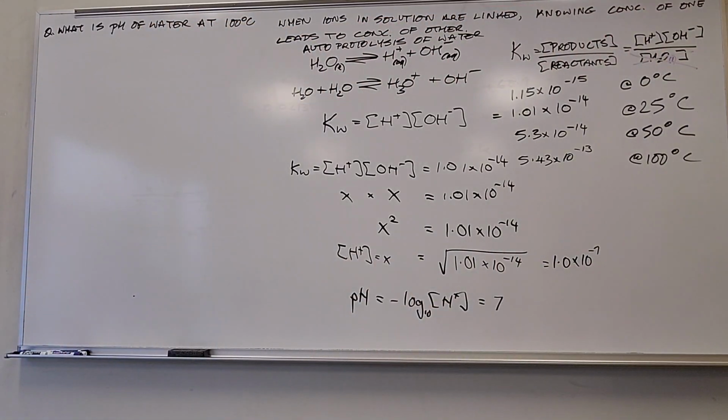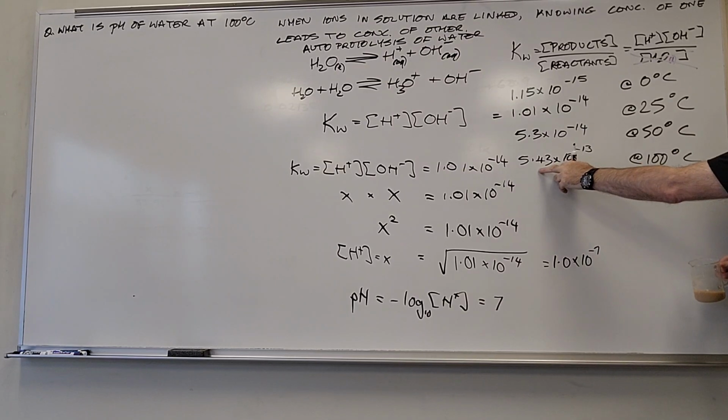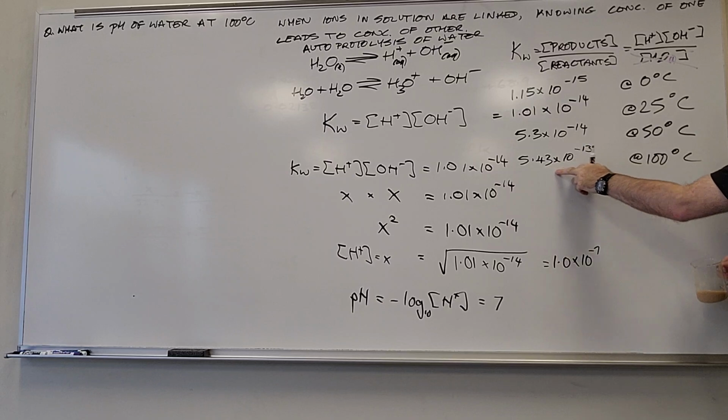What's the pH of water at 100 degrees Celsius? You find the value of H plus from Kw. The value of Kw is temperature dependent. So you match the temperature to the value of Kw.